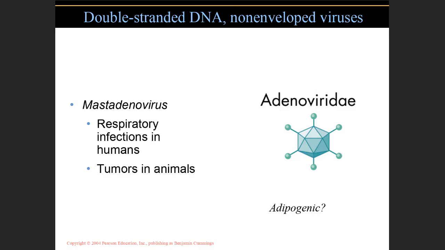Who's taken A and P? You should know what adipogenic means. All right, well, the adipo refers to adipose tissue. What about genicity? What does that mean?